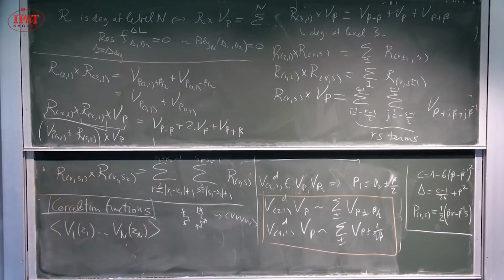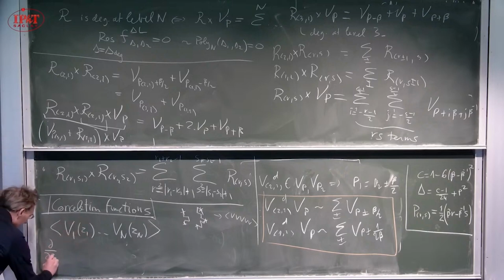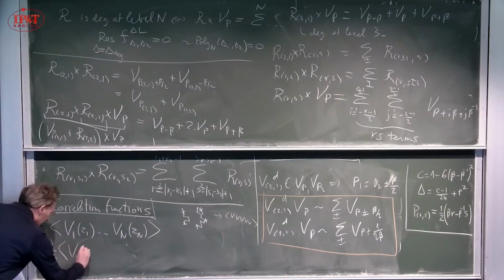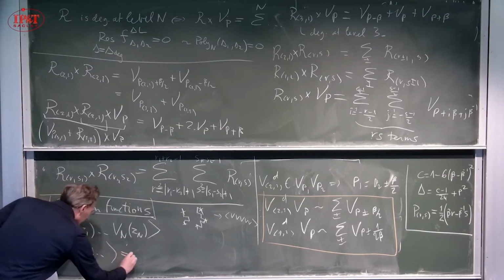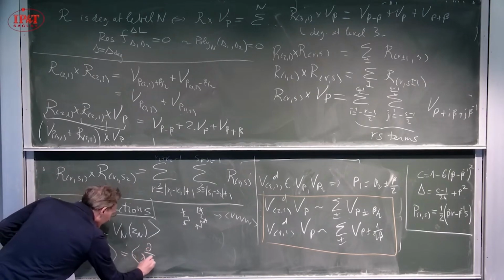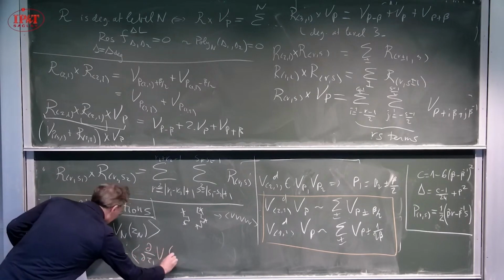So that's the n-point function. And the basic principle is that it depends linearly on fields. So if you want to take a derivative of a correlation function with respect to Z1, well, it's the same as taking the derivative of the field.